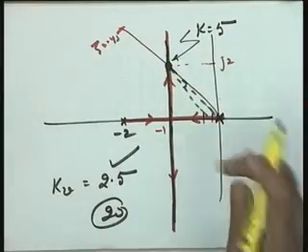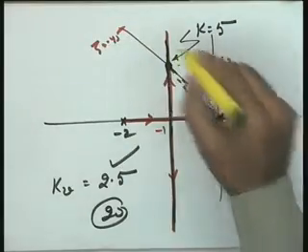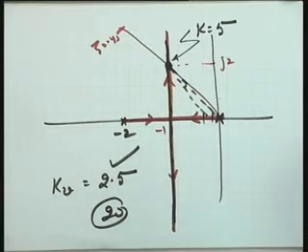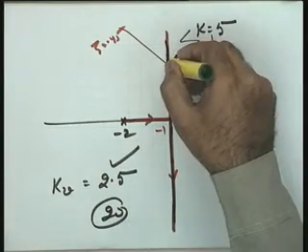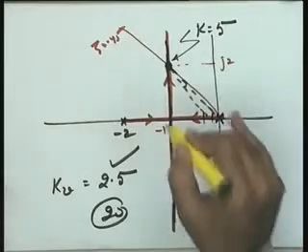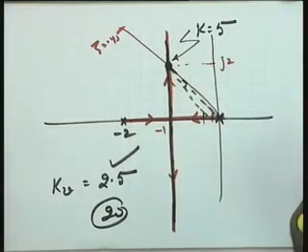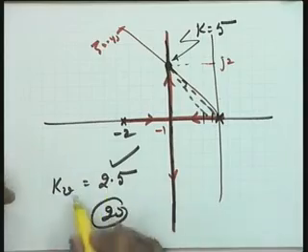The compensated root locus will also pass through this particular point. So this is one point, that these should be placed so that this point remains on the compensated root locus. And how about the other requirement, the requirement of the Kv?